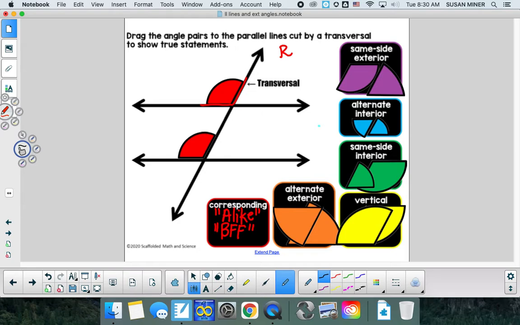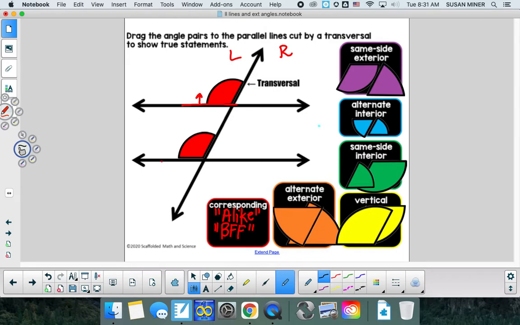If I look at this angle here and I look at this angle here, can you see how the arrow of that angle is pointing in the same direction? They are the same angle, and they're both on the left-hand side of the transversal. So they're both over here on the left-hand side, and they're both on top of the parallel line, right?